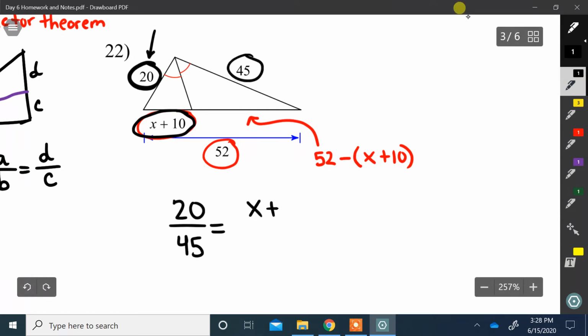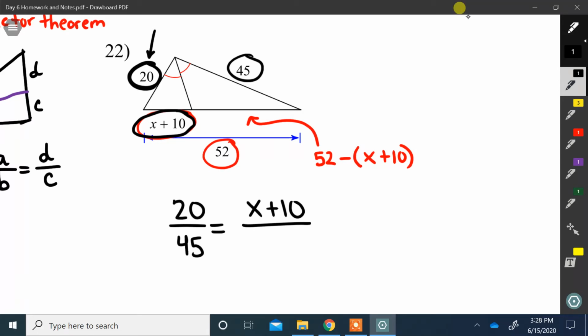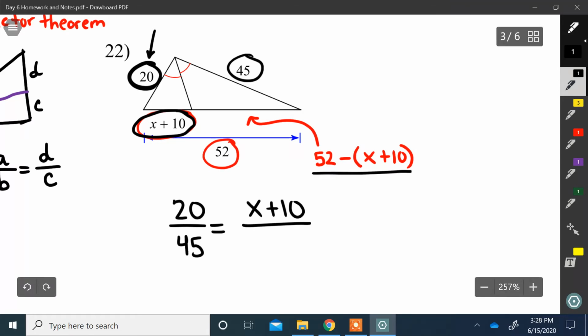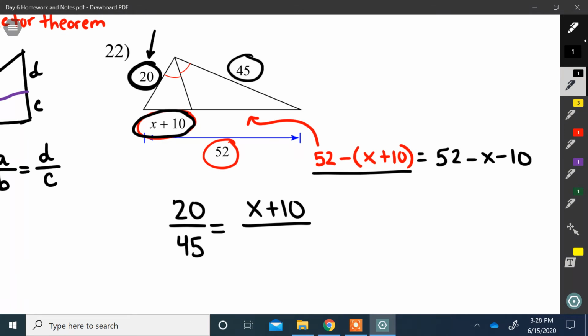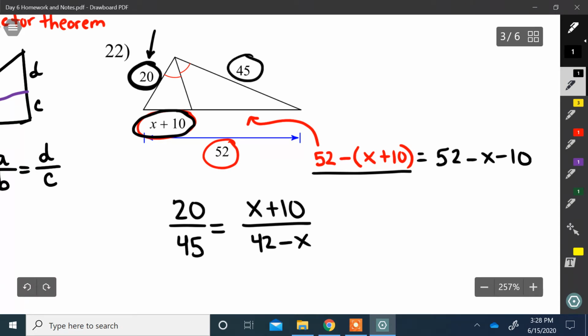So x plus 10 over, okay, you have to put all of this right here. Let me actually simplify this. This will be 52 minus x minus 10. So 52 minus 10 should give you 42. So this will be 42 minus x.